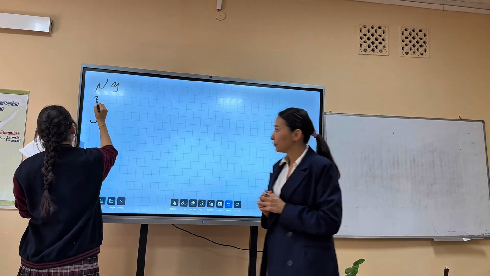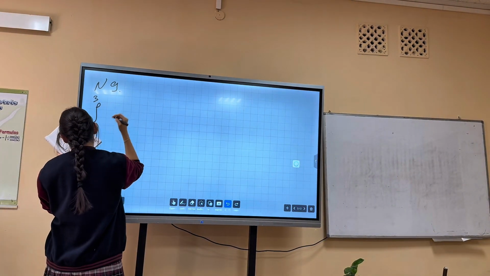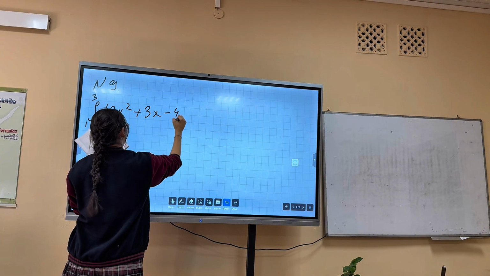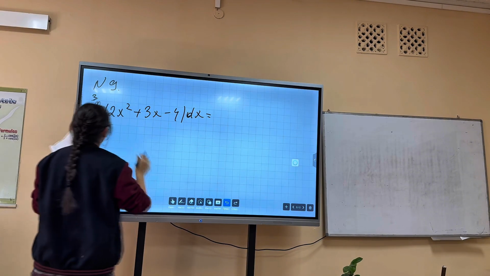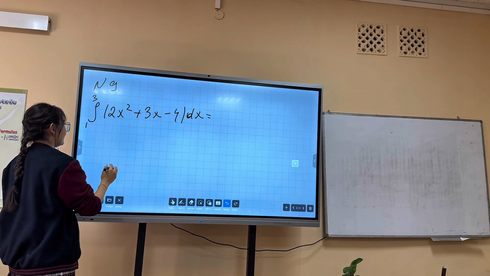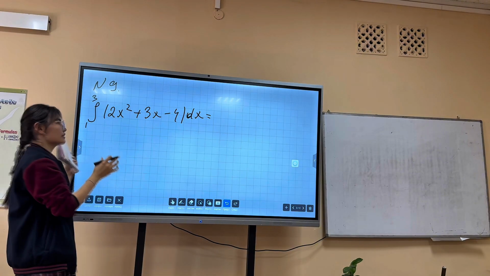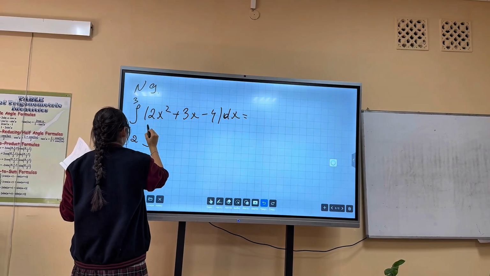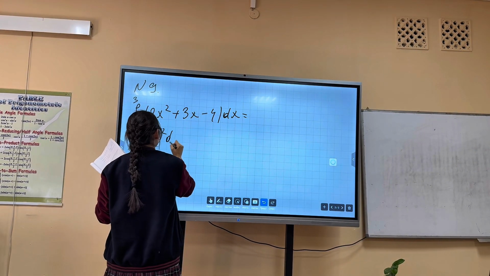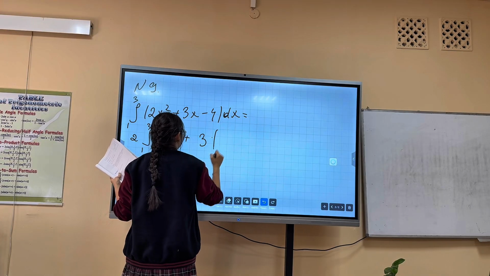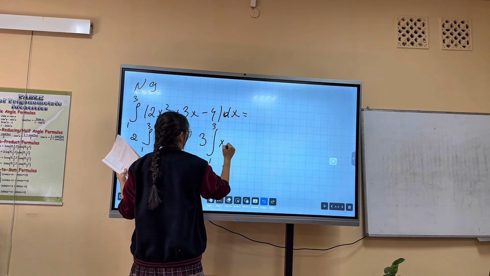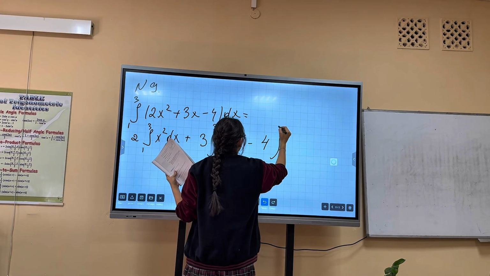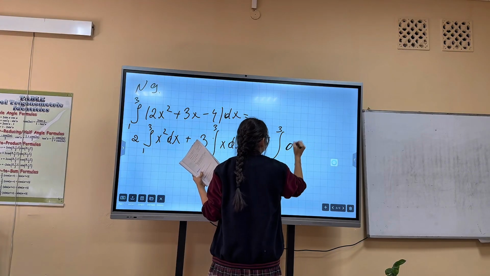Our example is the defined integral with the limits of 3 and 1, of 2x squared plus 3x minus 4 dx. First of all, we divided it by the members, and also we take the constants out of the integral. We have 2 with the limits 3 and 1 of x squared dx, plus 3 with the limits 3 and 1 of x dx, and we have 4 with the limits of 3 and 1 of dx.